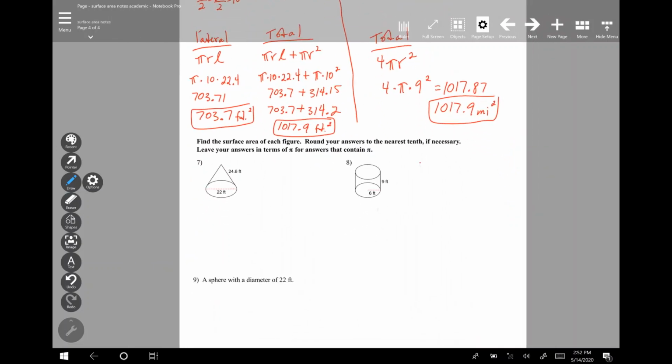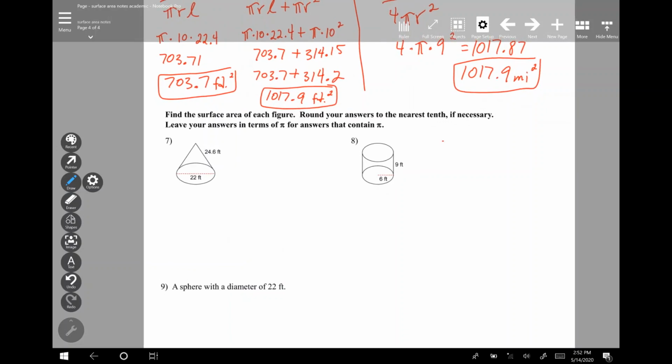Now the next ones I'm going to show you are just to remind you, because sometimes you will have to leave your answer in terms of pi. That would only be for cones, cylinders, and spheres. This one says find the surface area, so they only want the total.